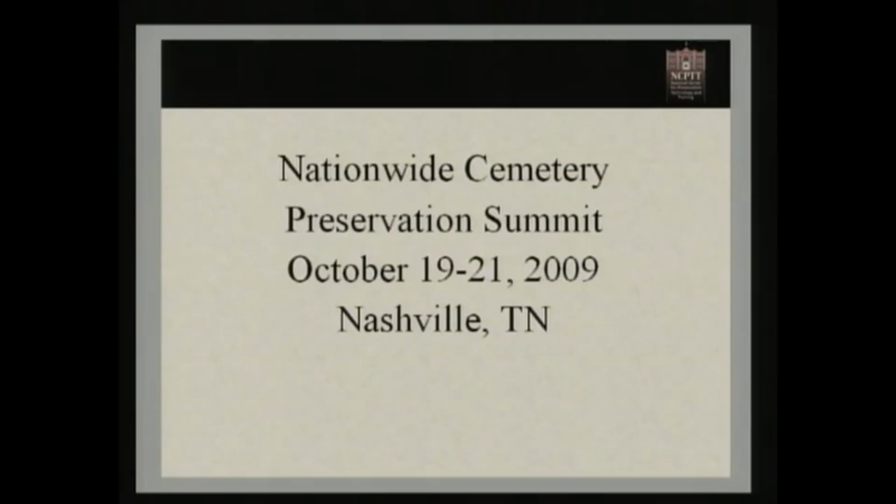With this, we're bringing in people from all across the country to talk about issues with cemetery preservation, and that's small cemeteries, large cemeteries, also national cemeteries, like the ones that the battlefields have here in the National Park Service. What are the issues that people are dealing with across the country in cemetery preservation? What are the new techniques? What is the new research? And what are the things that have been working for people? Those are some of the things that will be covered in that workshop and summit.